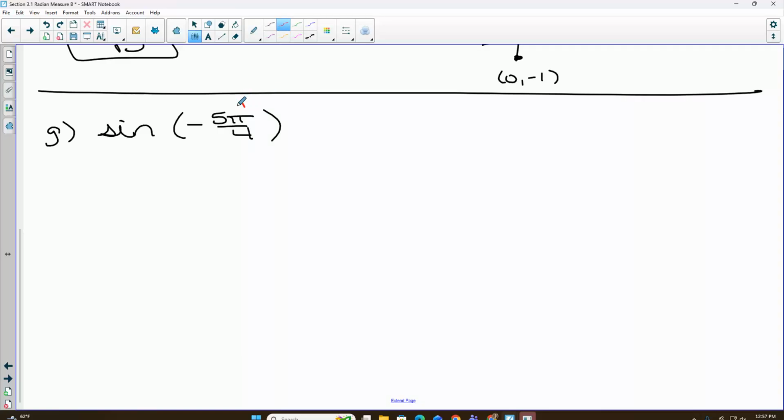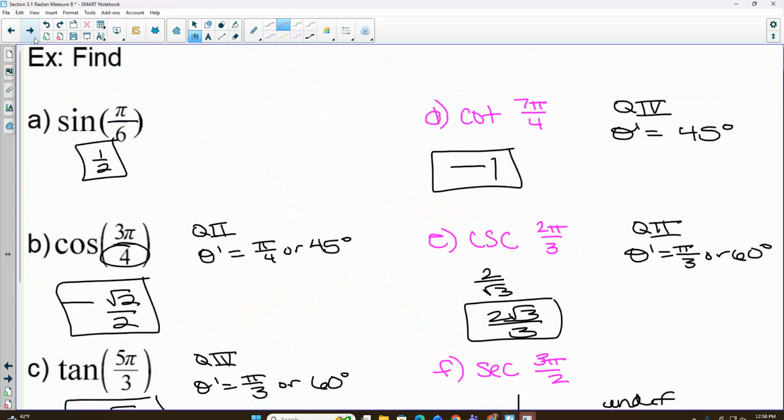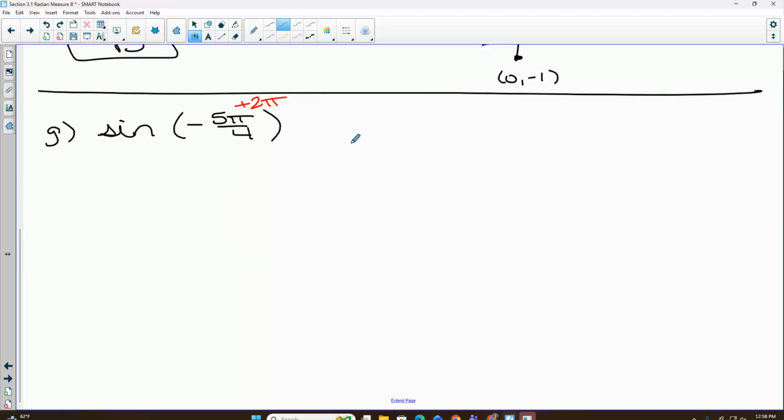All the way around the circle is 1 full rotation, and that's 2 pi. So if you have a negative angle, you can add 2 pi to it. If it was a really big angle, you could subtract 2 pi, just like we added or subtracted 360.